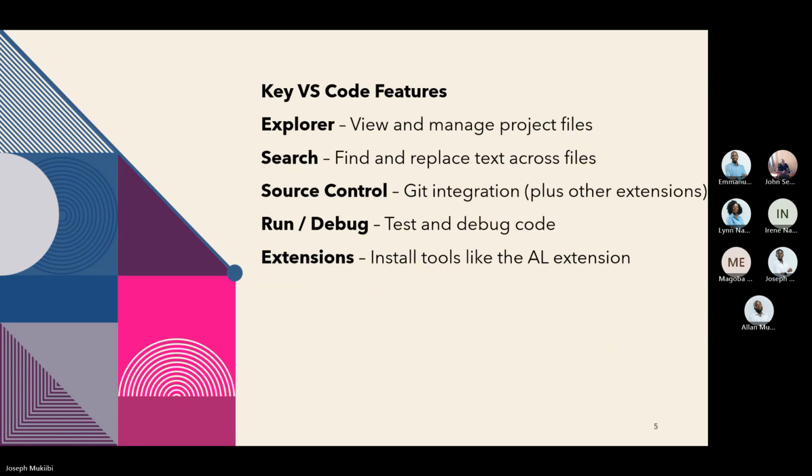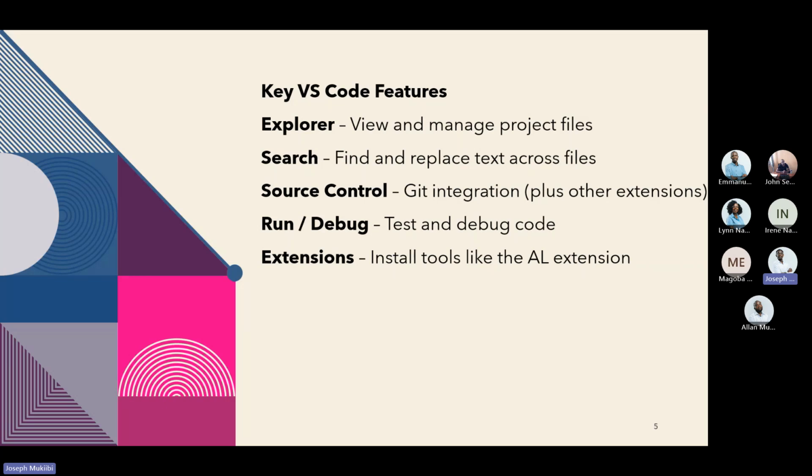So we're going to now look at some of the VS Code features. One can be exploring, viewing, and managing project files, finding and replacing text across files, Git integration, plus other extensions.